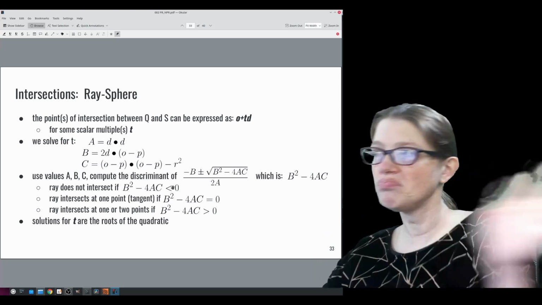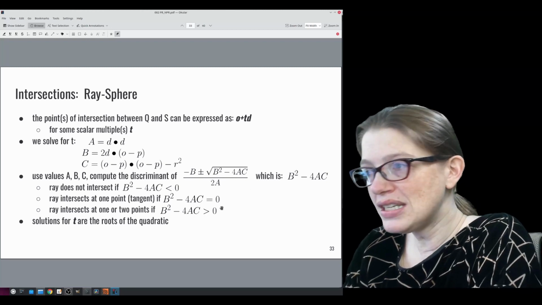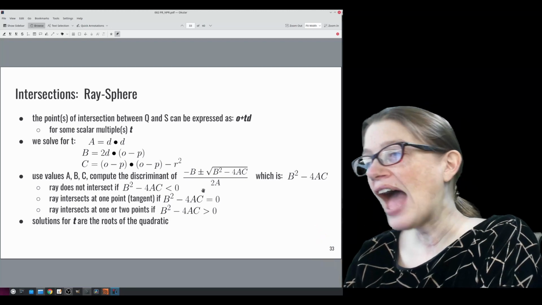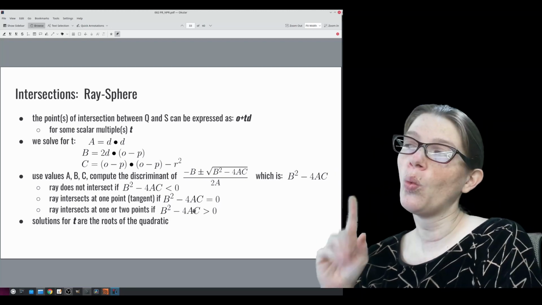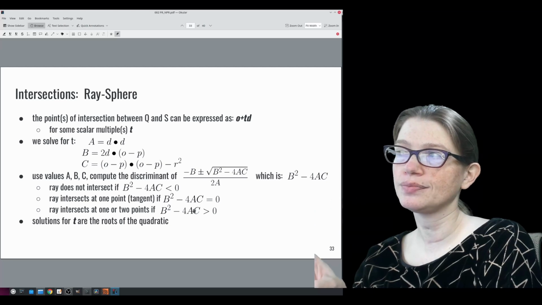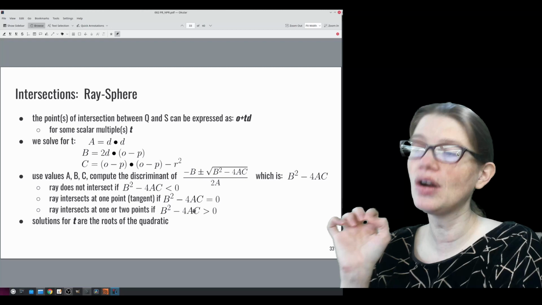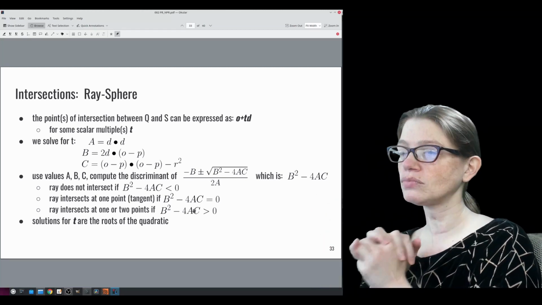If it's less than 0, no intersection, move on. If it's equal to 0, then the ray is a tangent, and if it's greater than 0, then the ray intersects at 1 or 2 points. So the ray is either originating from inside the sphere, or the ray pierces the sphere.